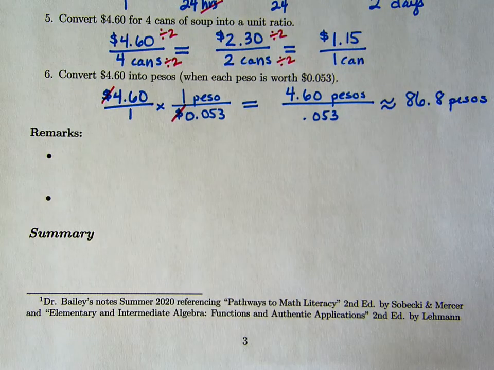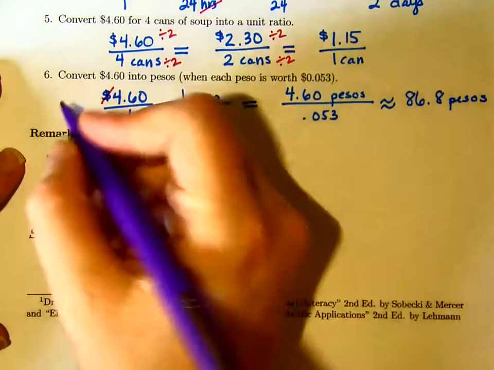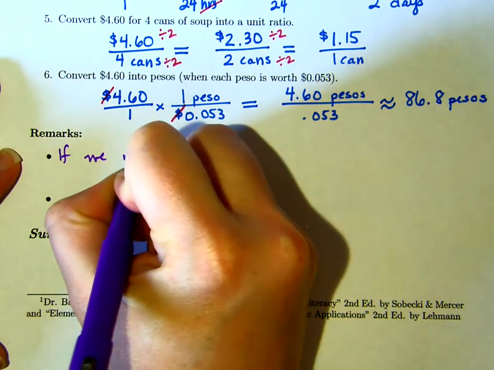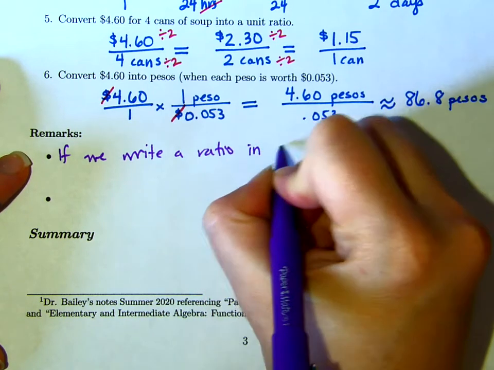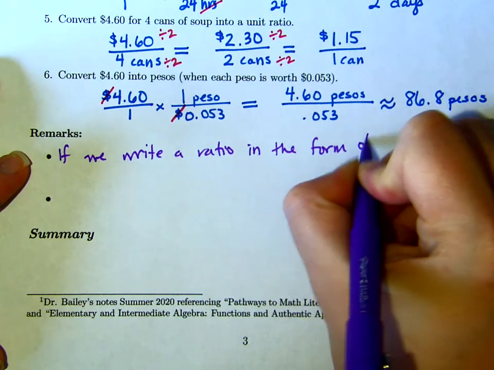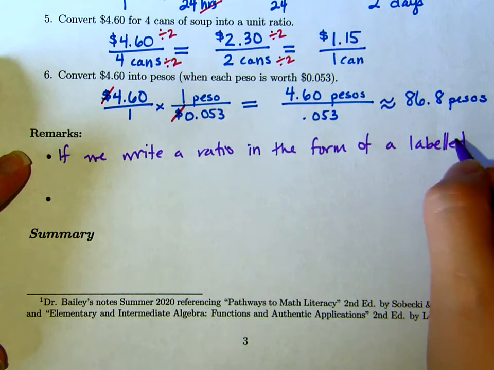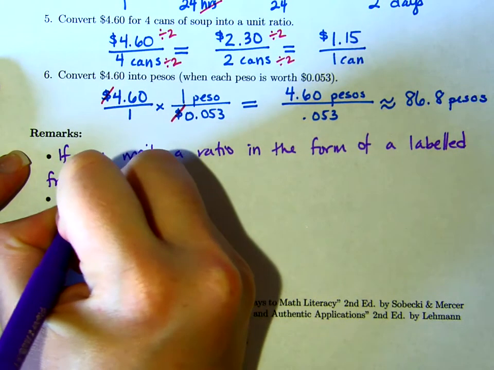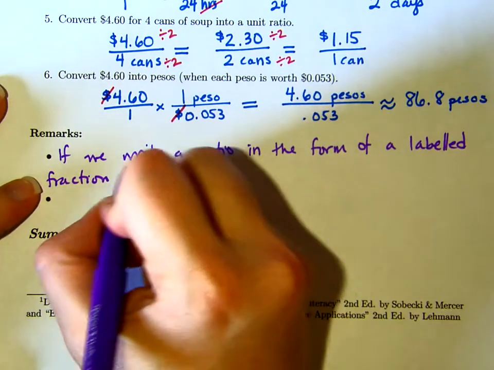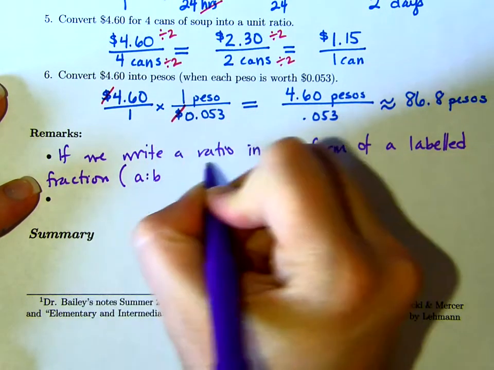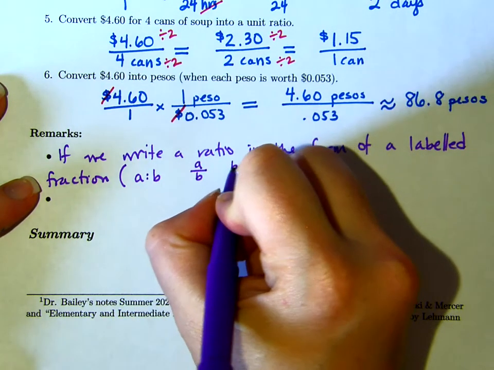But notice that if we write a ratio like a fraction, in the form of a labeled fraction, we can write it like this, or like that, or like that.